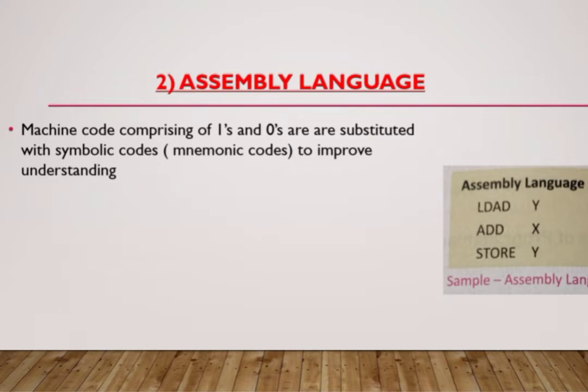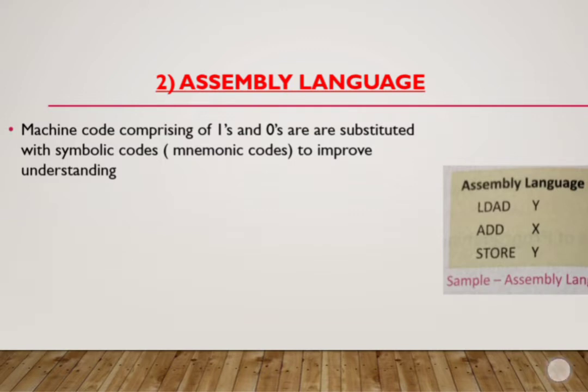It was very difficult to understand the machine language because it consists of only ones and zeros and we cannot find any meaningful words in it. If one wants to learn the machine level language, he must first study the hardware structure of the computer. So it is very difficult to understand.